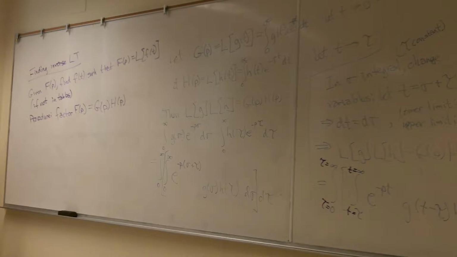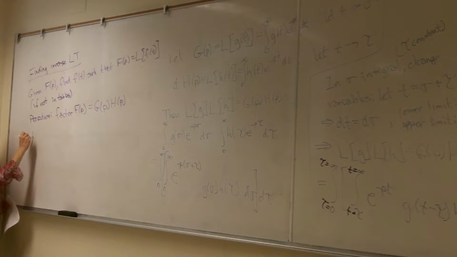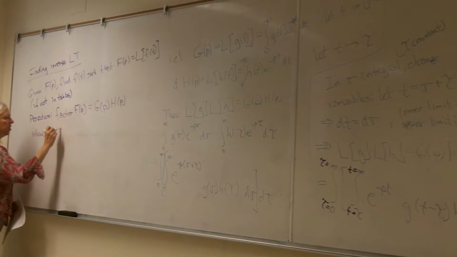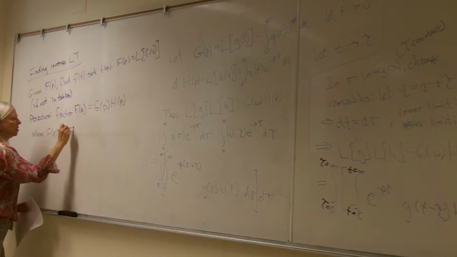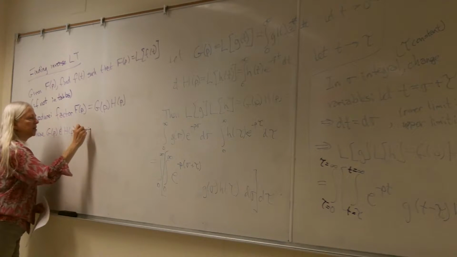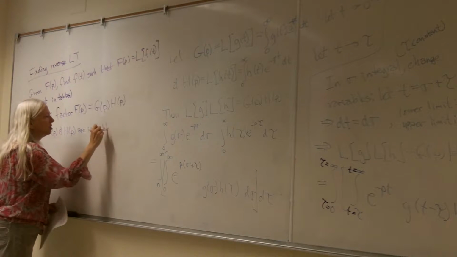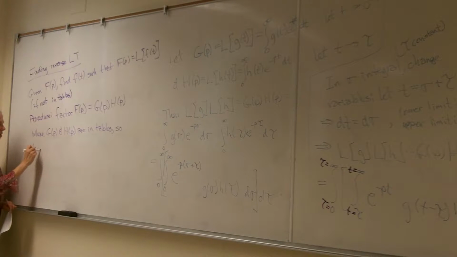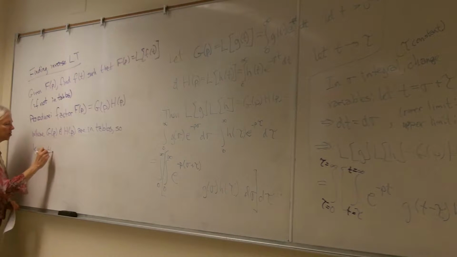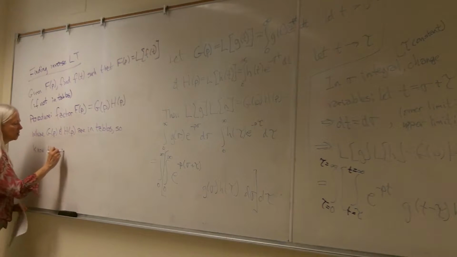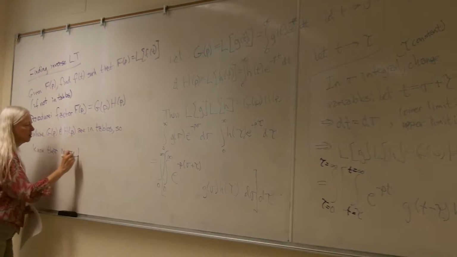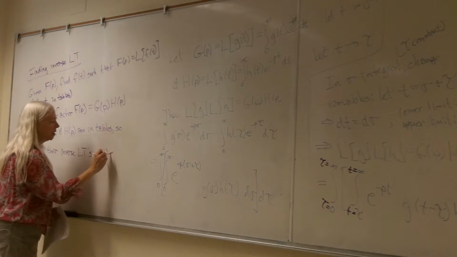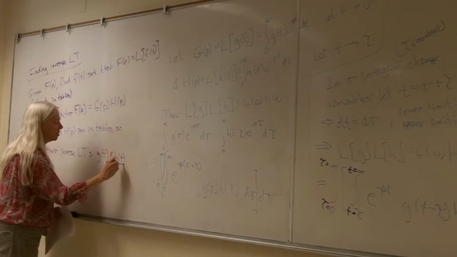We'll call them capital G and capital H. Okay? And the idea is that G and H are in the tables, so we can read off from the tables their inverse Laplace transforms, in other words, little g of t and little h of t.